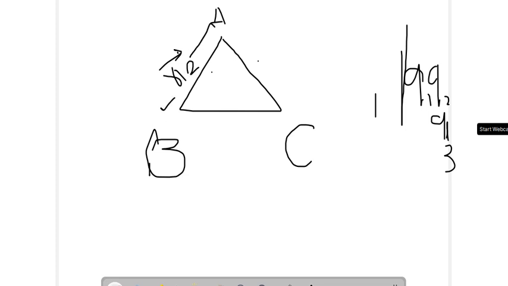From A to C, that is R31 bar. From B to C, it is R23 bar.